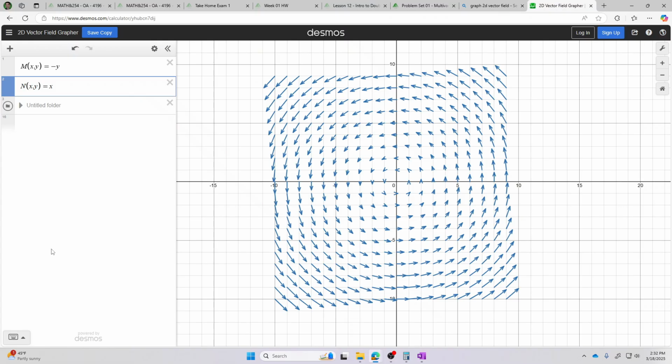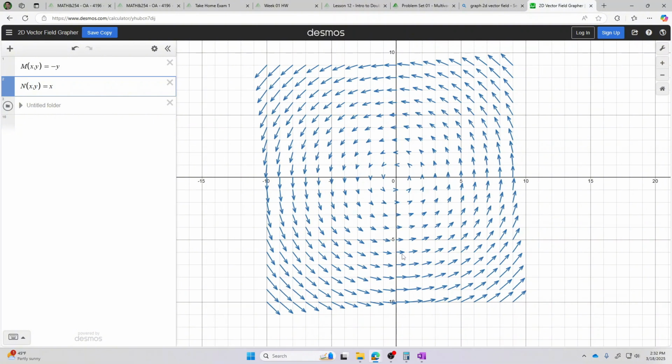Okay, I just Googled graph 2D vector fields, and the first link that I found is this one for a Desmos 2D vector field grapher. I've put in for our first component an output of negative y, and for our second component an output of x. The corresponding vector field is graphed by computer here.